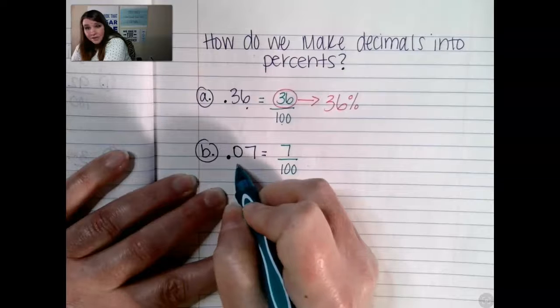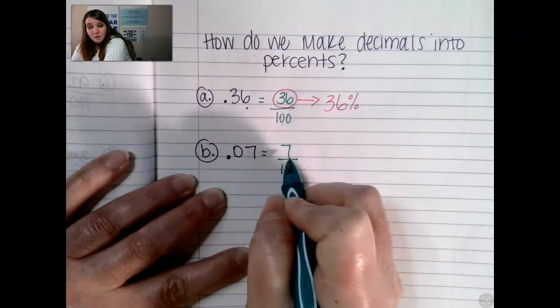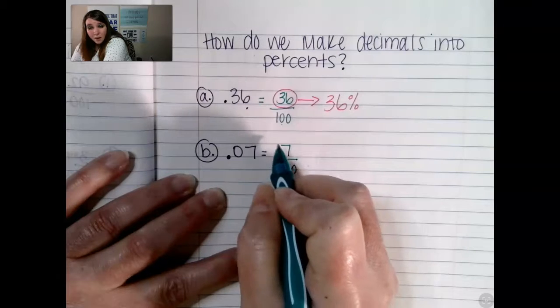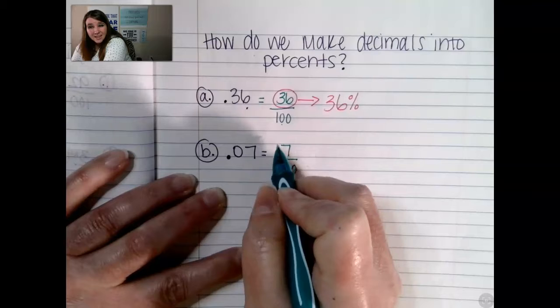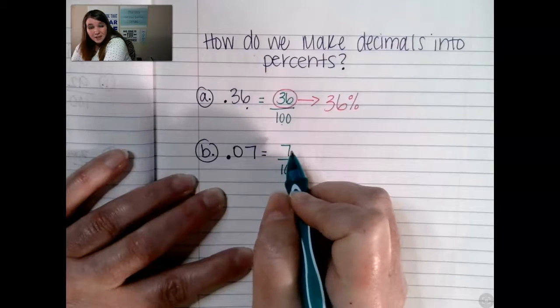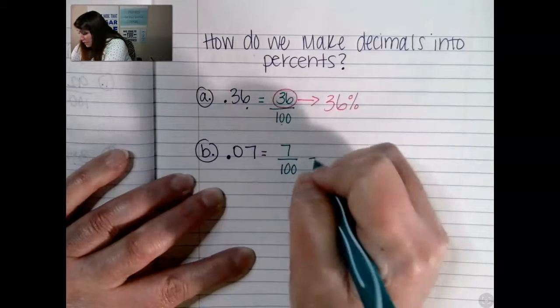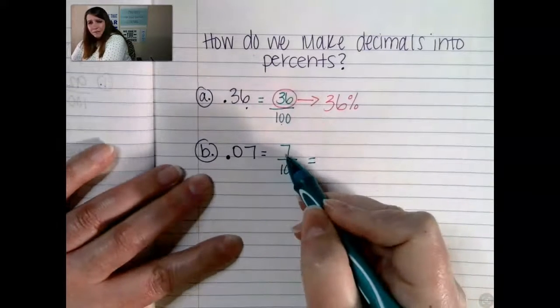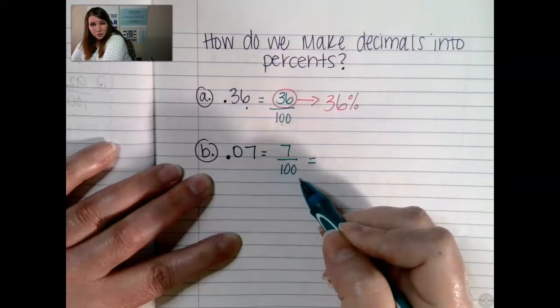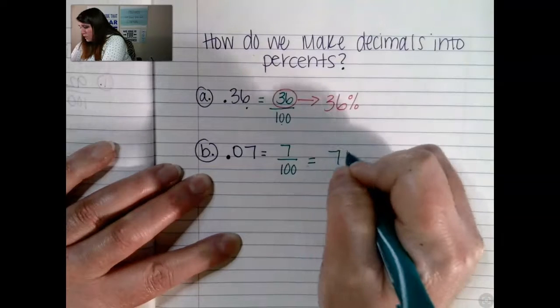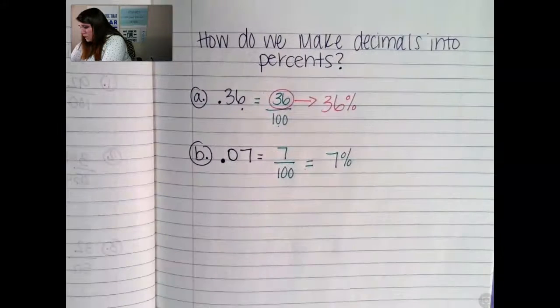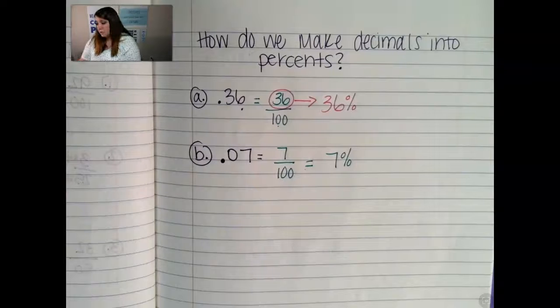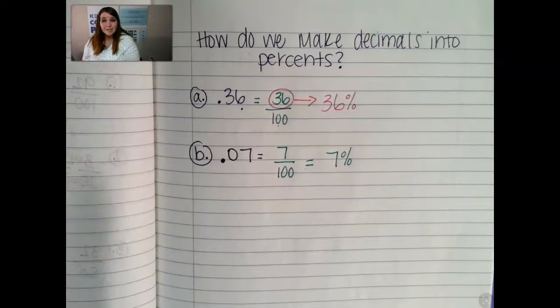There is nothing in the tenths place, so our fraction up top doesn't have a tenths. It is just 7 hundredths. So this means that we have like 7 pennies out of $1, or 7% of the dollar, right? So like if this was money, it's only 7 cents, 7 pennies.